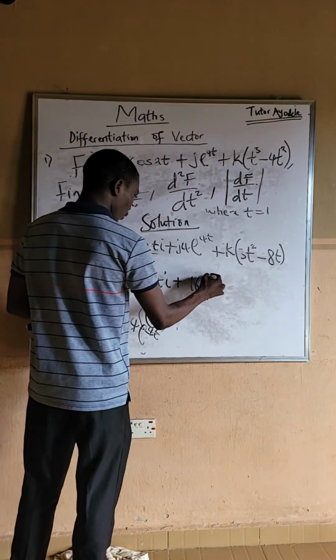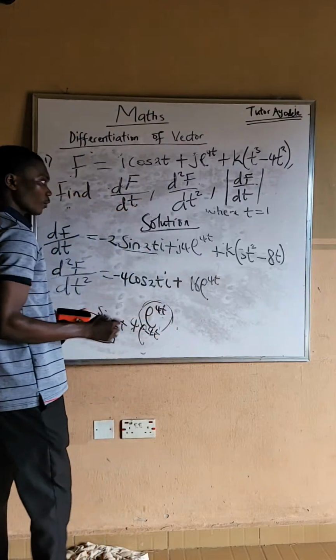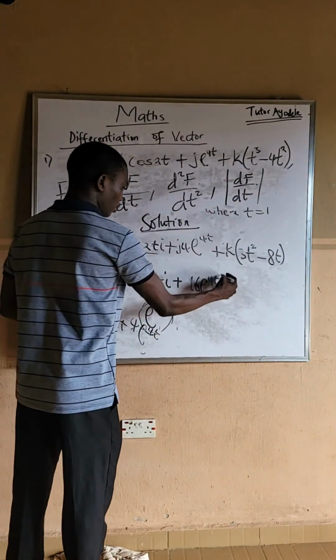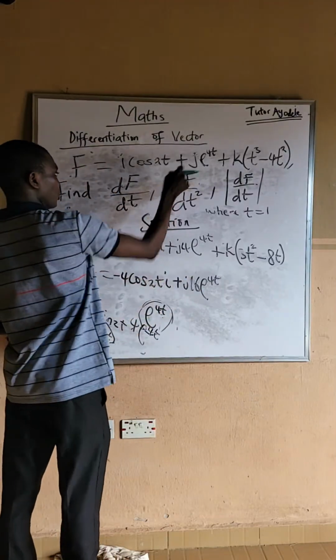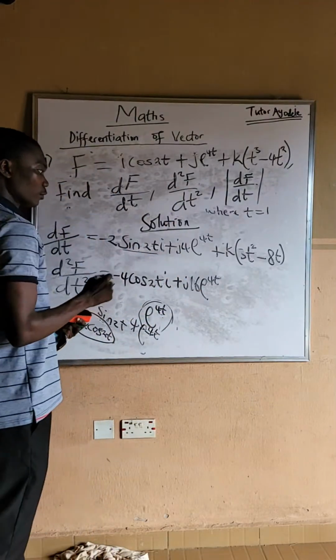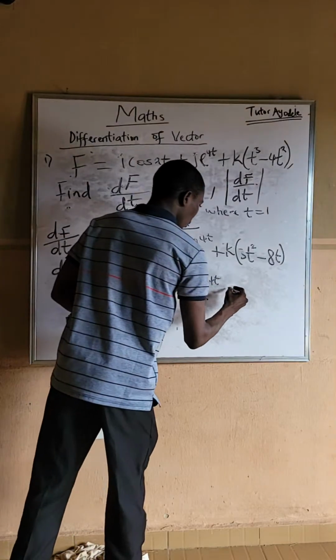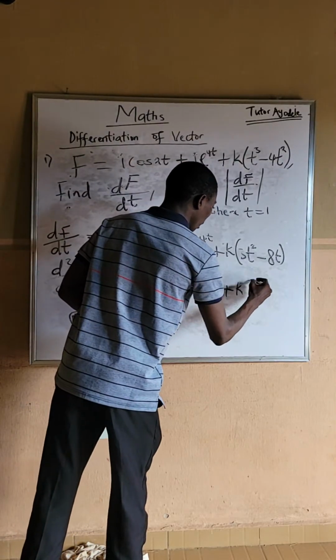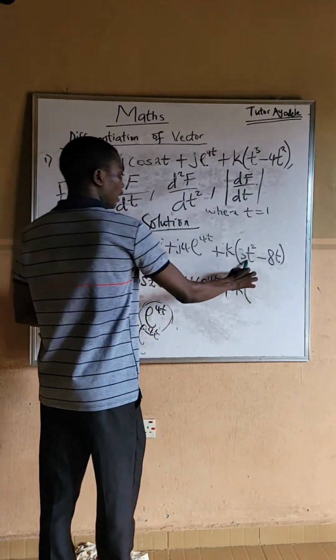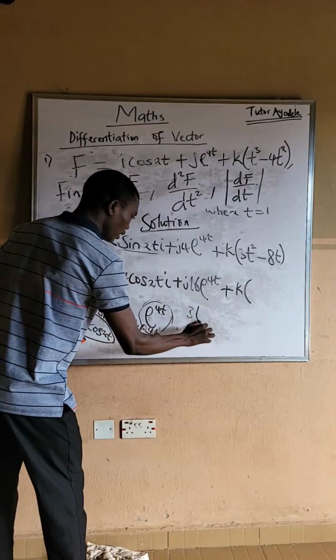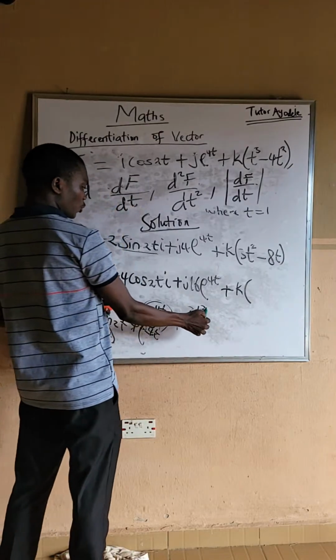16 exponential 4t. Well, I can put my j here. Anyway, let me just put it here because it has j. Alright, plus k into bracket. If I'm differentiating 3t squared, you will use the power to multiply it.